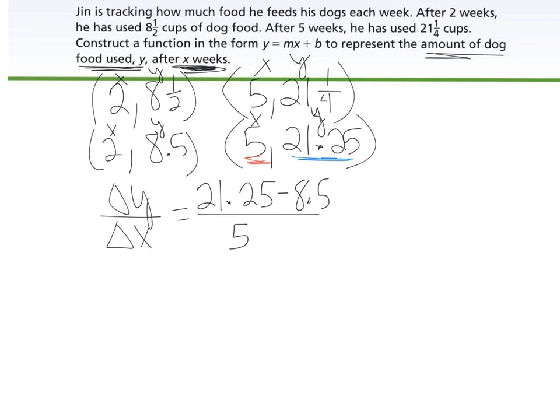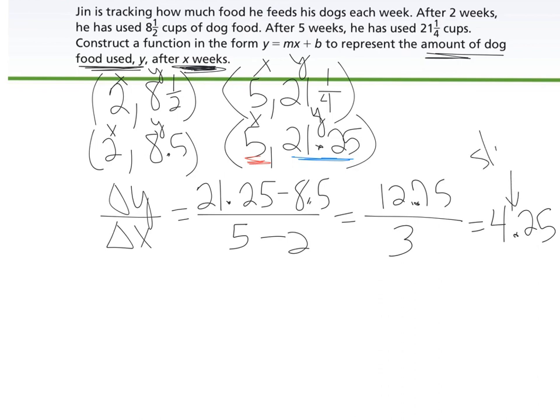So for the x's then, change in x, we subtract our x values would be 5 minus 2. When we do that, we know 5 minus 2 is 3, and in the numerator would be 12.75. Okay? Alright, and then we divide that. Alright, so 4.25 is our slope.